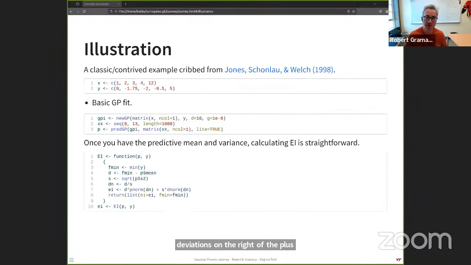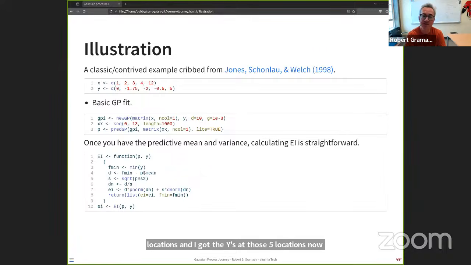Let me show that to you in an example. So here's a kind of toy data set of 5 xy pairs. So let's say I've evaluated my function at these 5 x locations. And I've got the y's at those 5 locations now.